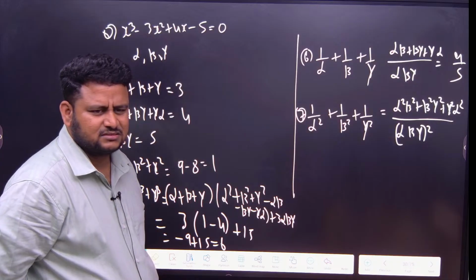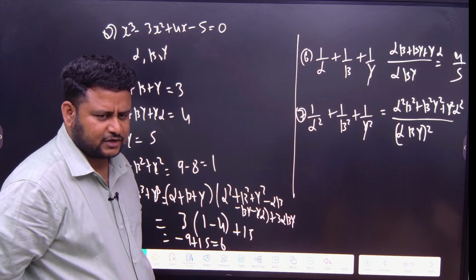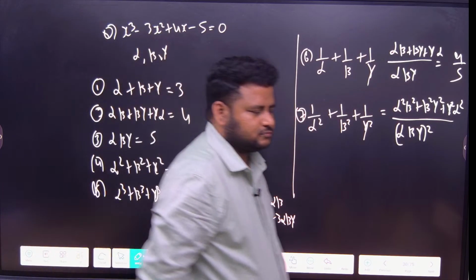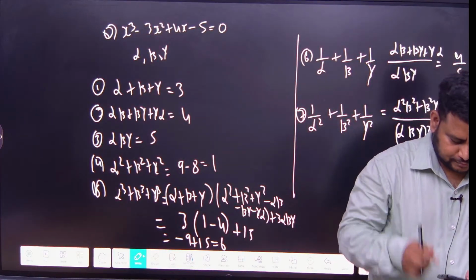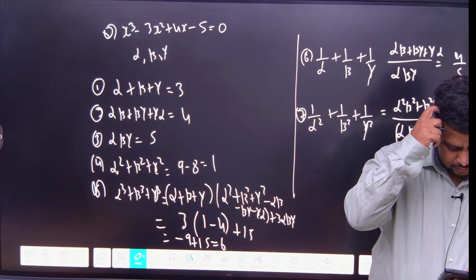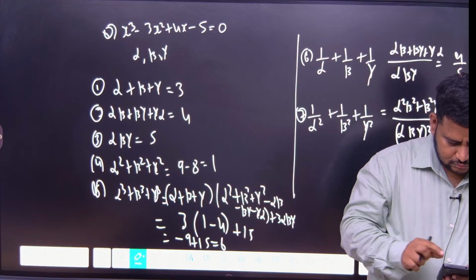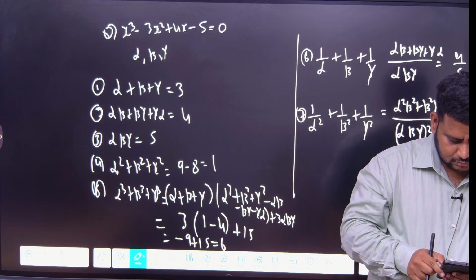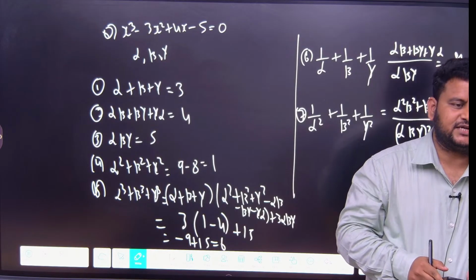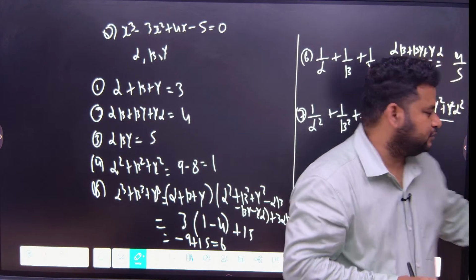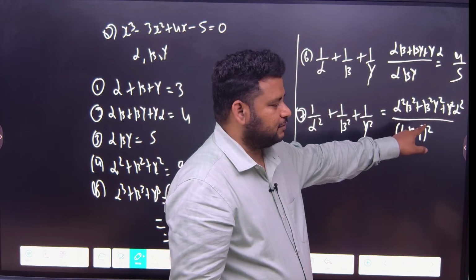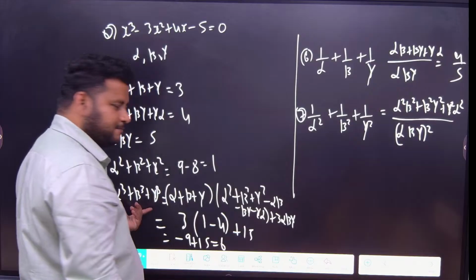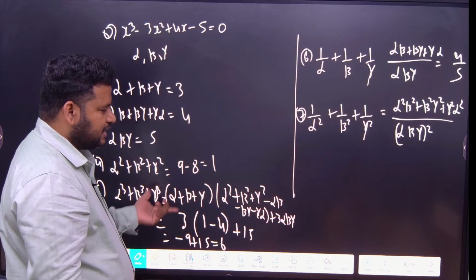What is the formula we should use for this one? See, you treat it like just one entity. So what you will do? You will take it as alpha beta whole square plus beta gamma whole square plus alpha gamma whole square. So that will become this formula. You use this formula and find out.